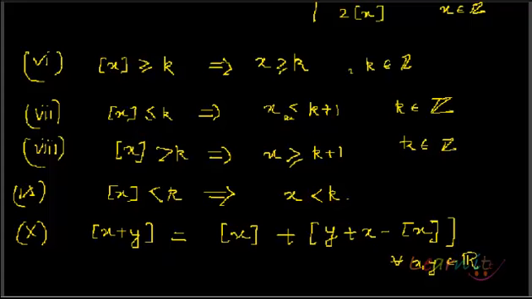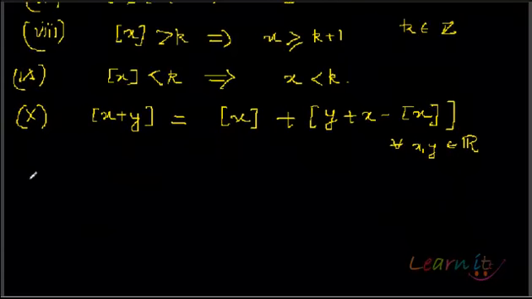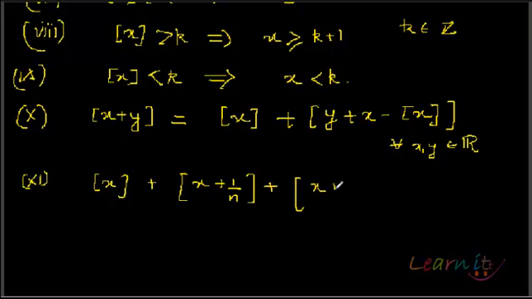We'll see how actually it is happening in the next video. The last property, last but not least, what I would like to write down is that the greatest integer function x plus the greatest integer function x plus 1 by n and so on and so forth.